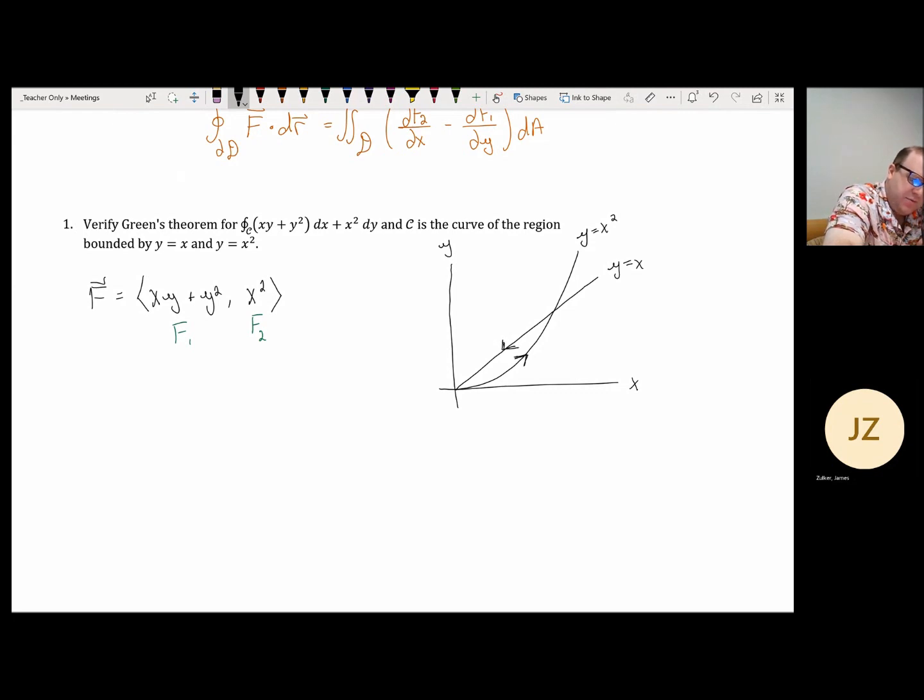And we can assume a positive orientation. Right, that point is obvious. It's the origin. What's that point? What's their point of intersection? That's one coordinate.